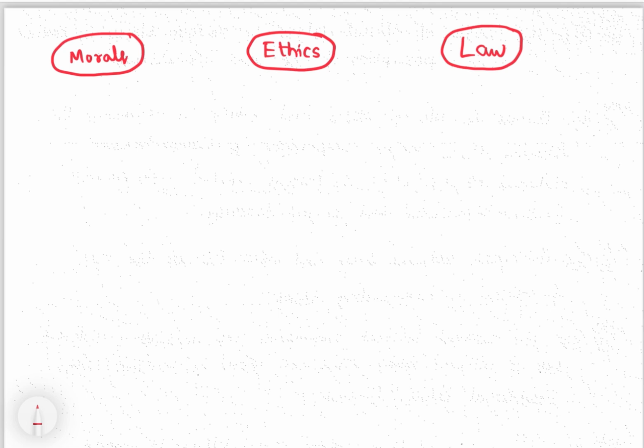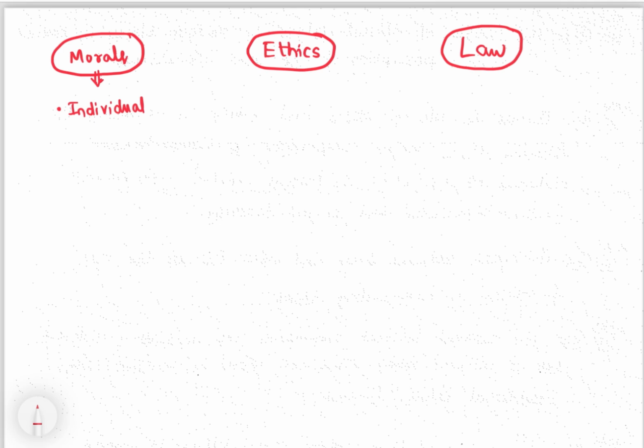See, morals is individual centric. Most of the times I see students using morals and ethics interchangeably, but they are different. Brother, they are different, that is why ethics and morals are two words, okay.